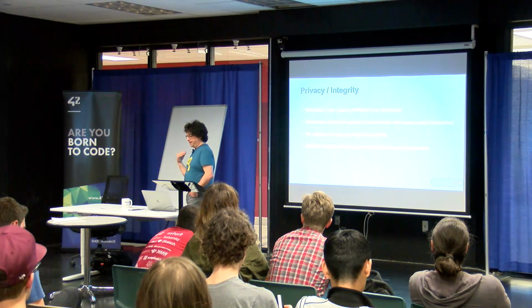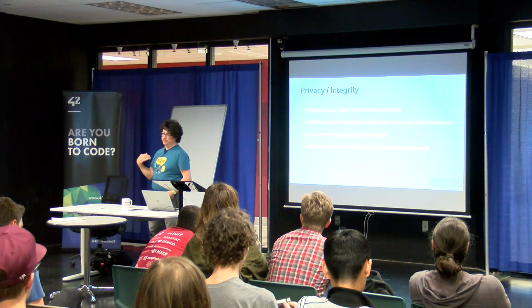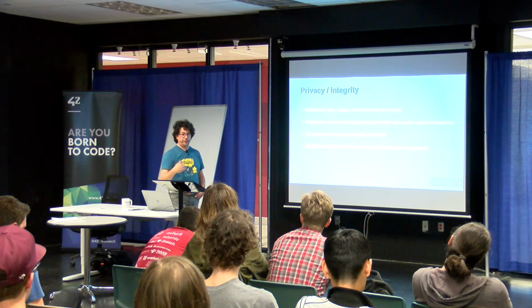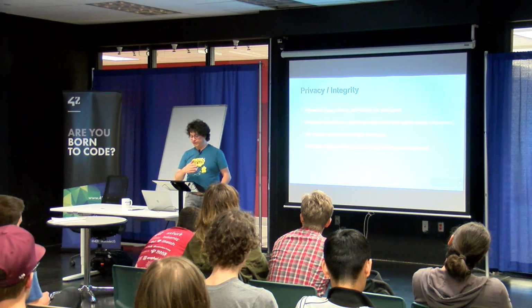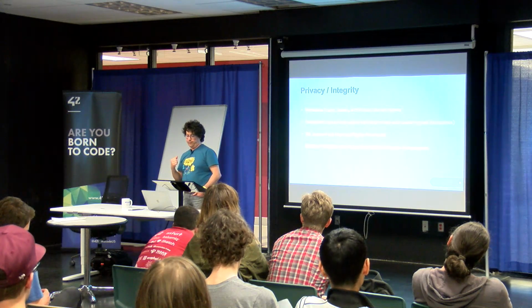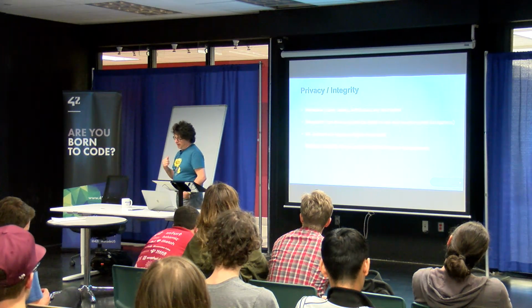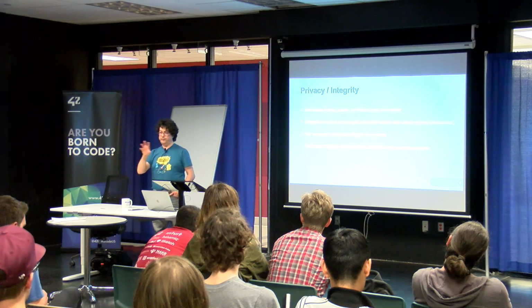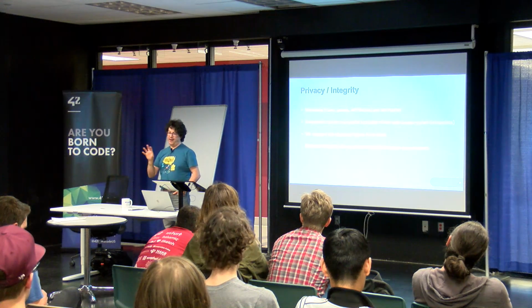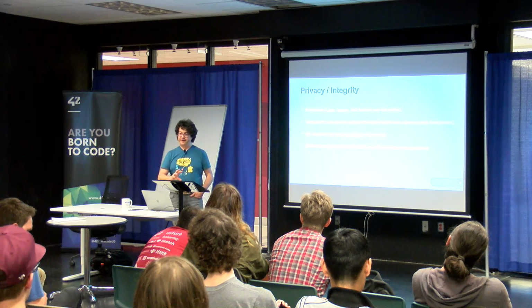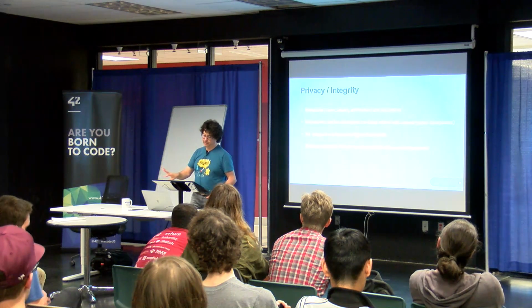We can have SSL support by having proxies such as Nginx or HAProxy in front of the Warp 10 platform. So you can have a secure channel between your devices and the actual platform where the data is stored. And we have integrity checks in the distributed version of the platform between the various components. So you cannot have a rogue individual actually pushing bad data into the platform. It will get discarded, right?